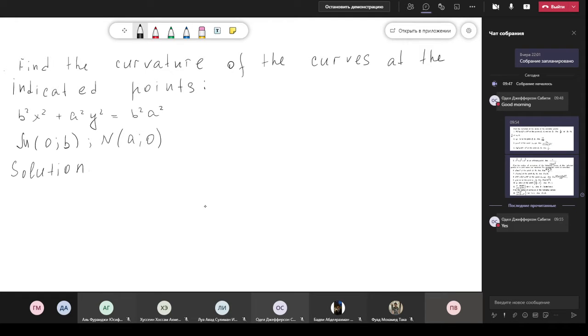Maybe first we divide both the left and right parts of our curve by b squared a squared. In this case we can see the known equation. It is the equation of an ellipse.